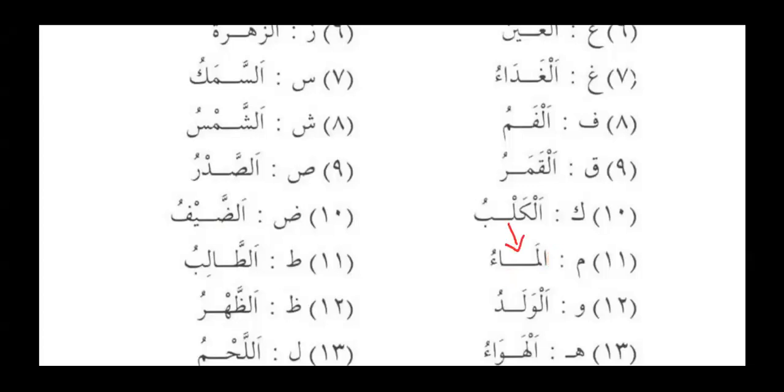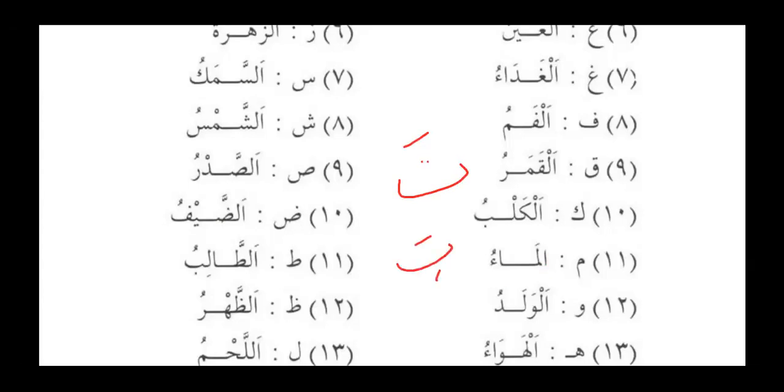The meem is not one of those letters that sound like o. There are some letters in Arabic that when you put the fatha upon them, instead of sounding like a they sound like o. For example, let's start from the default. Ta with fatha, what? Ba with fatha, ba.